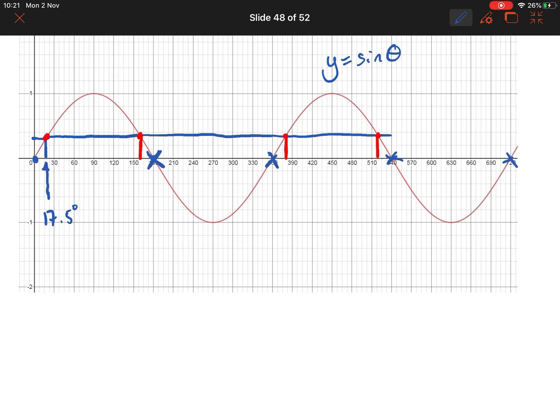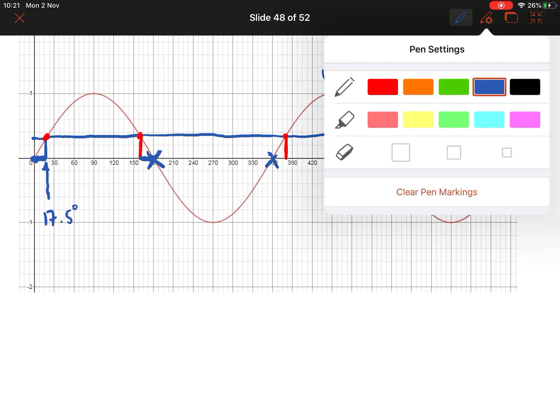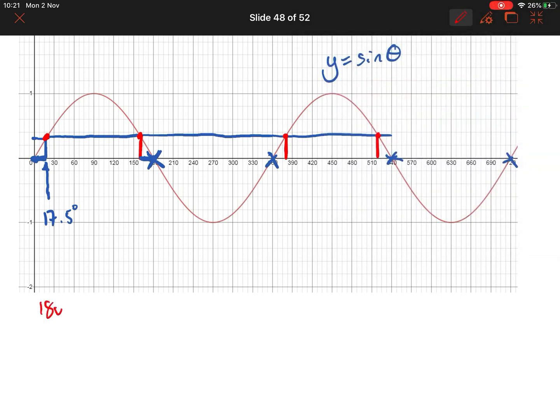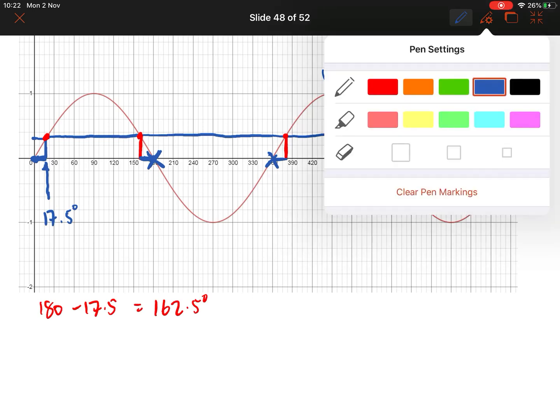You're going to understand that the sine curve has symmetry. So if this distance is 17.5, then so is this distance. So another answer is 180 minus 17.5. On the calculator, 180 minus 17.5 is equal to 162.5 degrees.